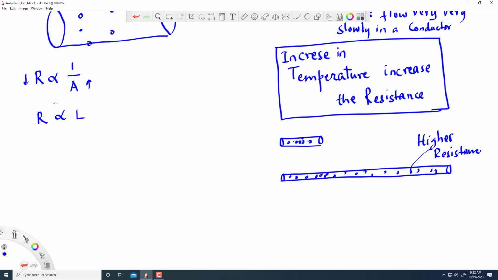Now, if we combine these two, we can write them in combined form as resistance is proportional to L over A. Again, A is the cross section area, and L is the length of the conductor. Now, we can get rid of this proportional sign.